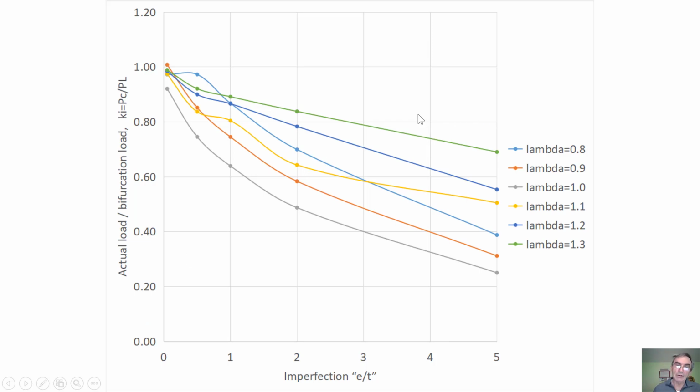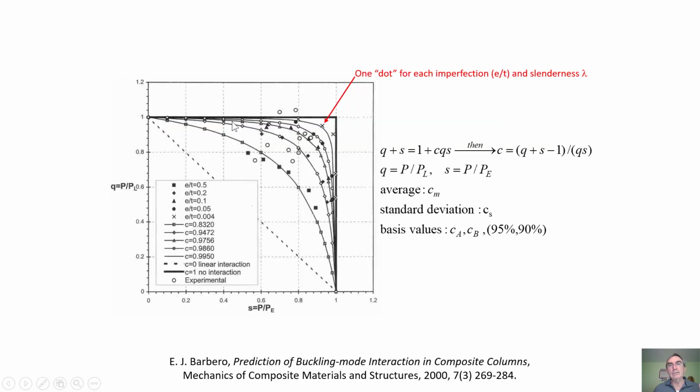So now, armed with all this data, what I can do is go to this plot, also from the paper in the year 2000, and I'm sorry, it's a complicated plot, but this is a Southwell interaction plot. Here we create these two variables Q and S. Q is the actual load that you either test or calculate with simulation, divided by PL, which we can calculate.